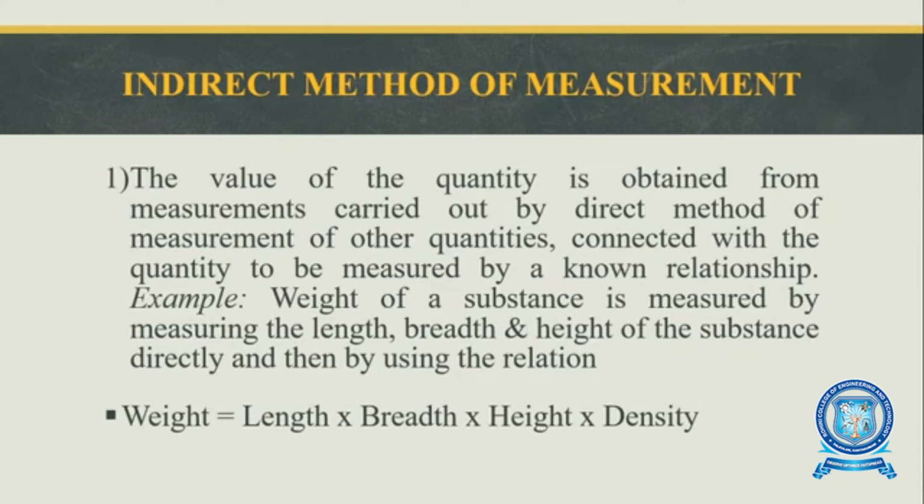Some of the indirect method instruments are angle measurement by sine bar. We get some angular measurements with the help of sine bar and do some calculations on that output value to find out the particular object's value, then it is called indirect method.